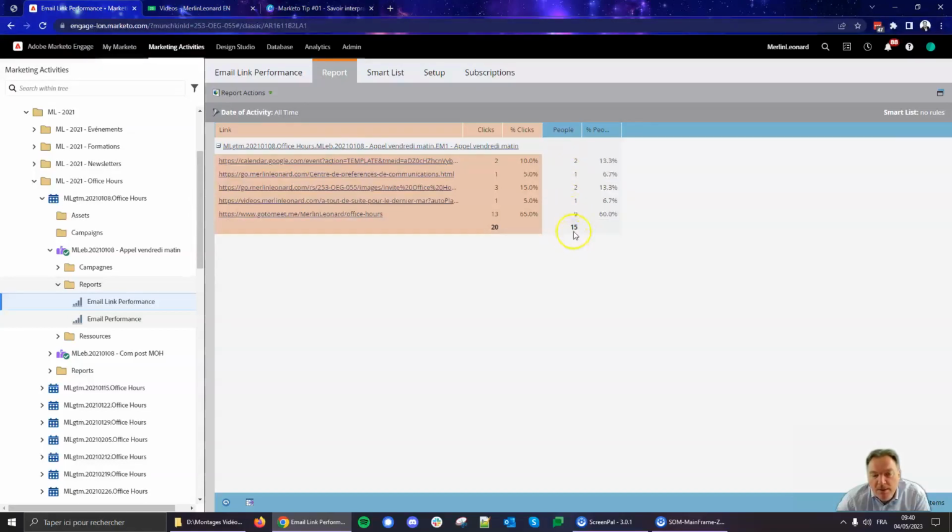But here we count again the people, but people plus link, which is the key. Here we count the clicks, meaning that on those 12 persons, certainly people have clicked on multiple links, but they have also clicked twice or thrice on the same link.